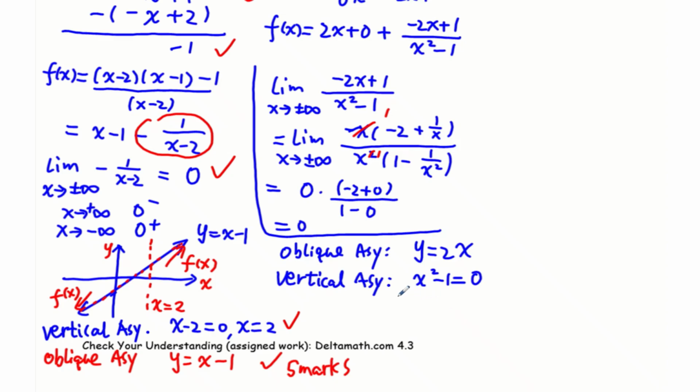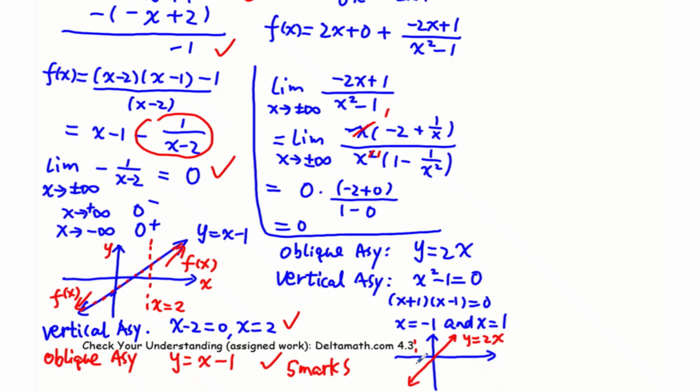Then we solve it. We could factor it, or we could move the minus 1 to the other side, x squared equals 1, then square root. We have negative 1 and positive 1. So for this function, we have y equals 2x as our oblique asymptote, and also x equals negative 1 and x equals positive 1 as vertical asymptotes. So 3 asymptotes for this question.